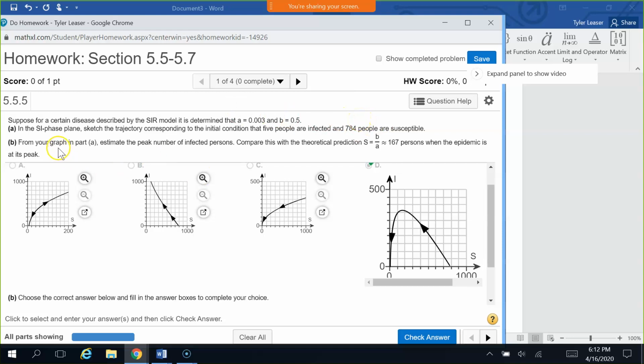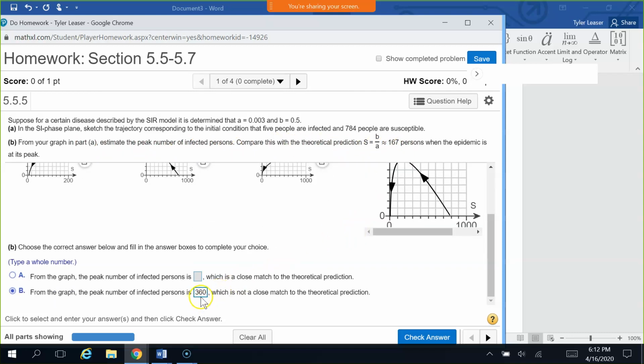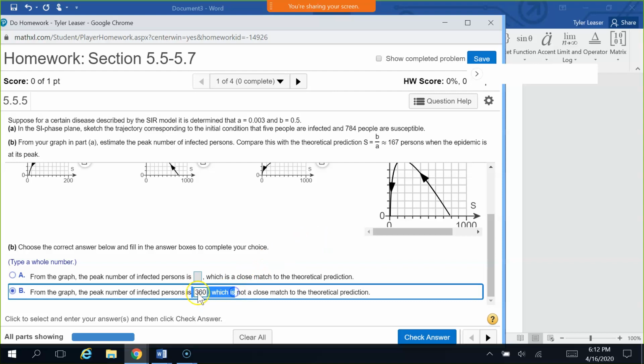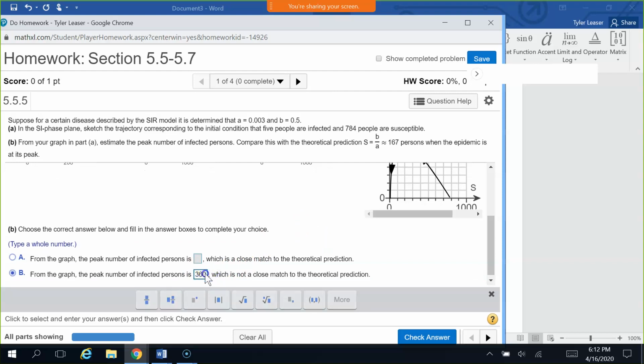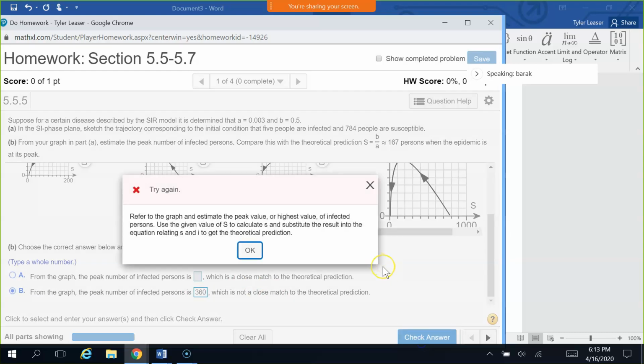Okay, I'm blanking here. I don't know what to do. Read my hint again: refer to the graph and estimate the peak value.